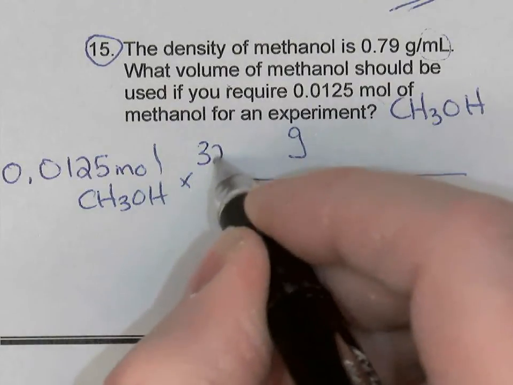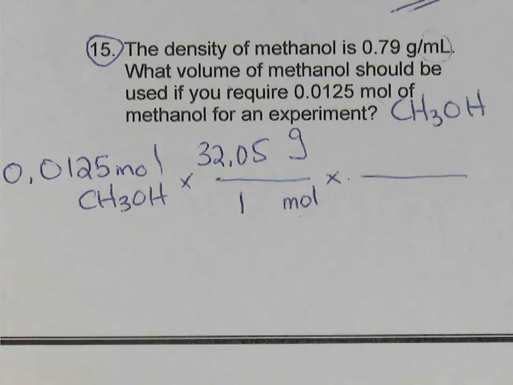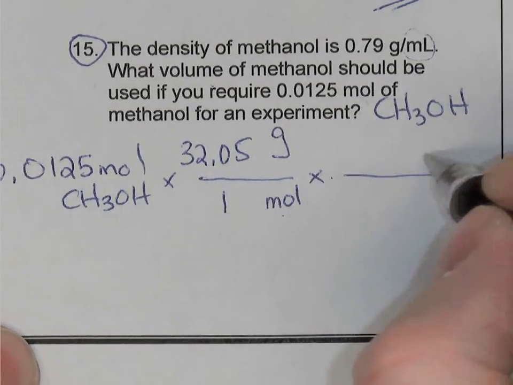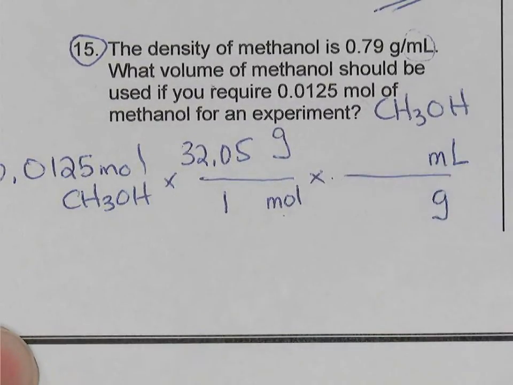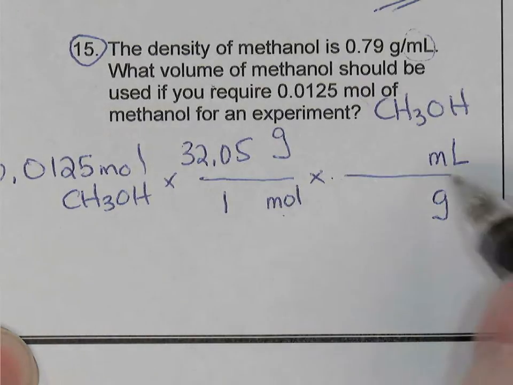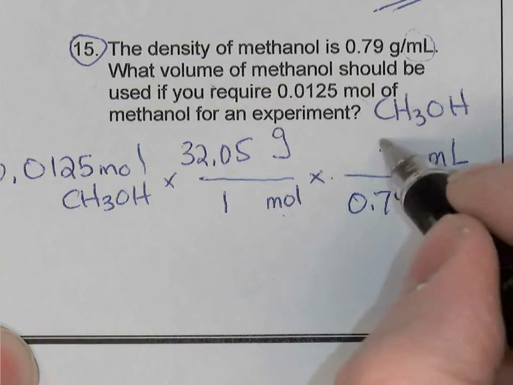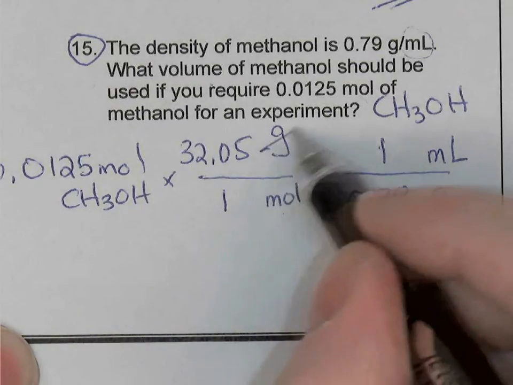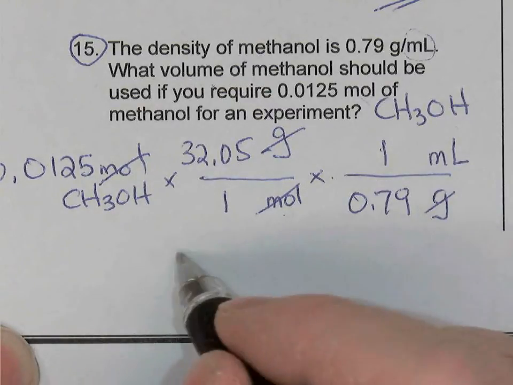So 32.05 grams for 1 mole. Now that I've got the mass of the methanol, we can switch to volume using the density. We can get rid of the grams and convert to milliliters because we were told in the question that there's 0.79 grams for every milliliter, and that's a density calculation. So now just double check, yep, the units work out nicely, grams cancel, moles cancel, and we're left with milliliters.